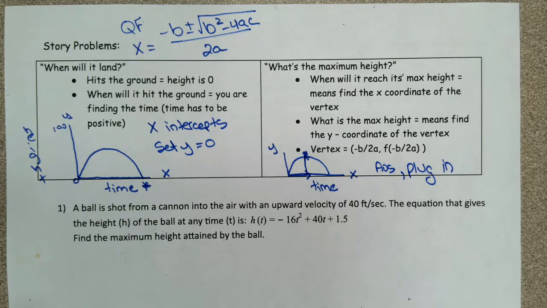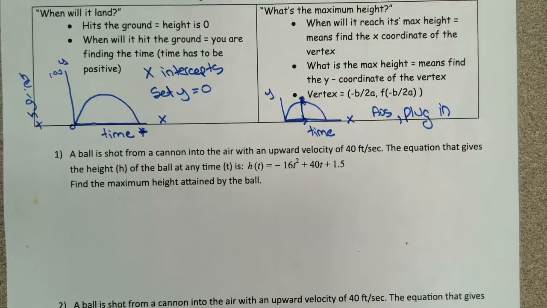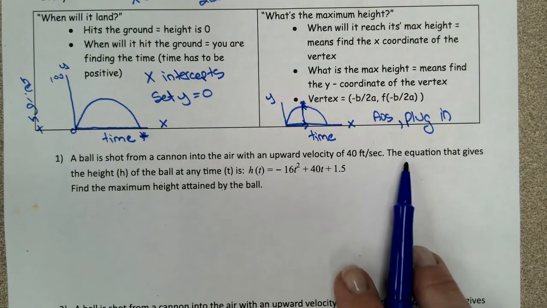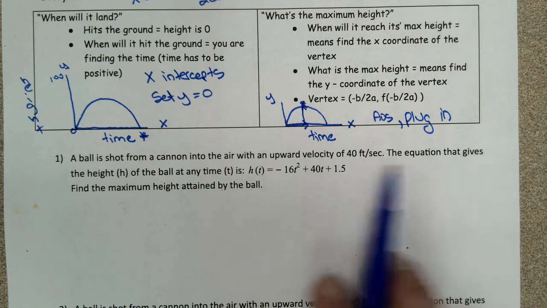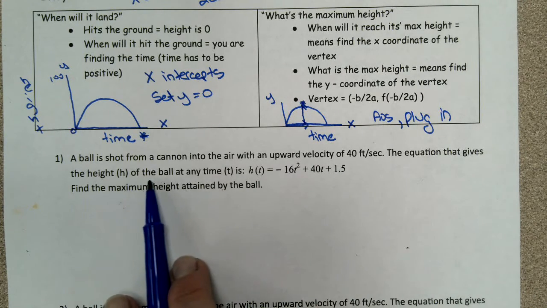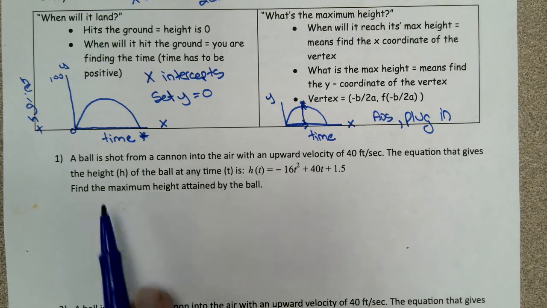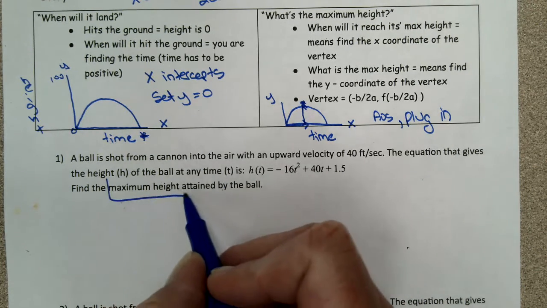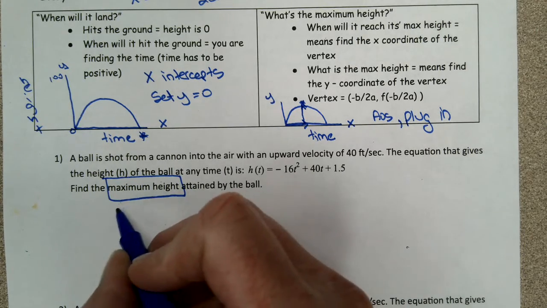All right, let's read through some of these and see which kind of problems they are. A ball is shot from a cannon into the air with an upward velocity of 40 feet per second. The equation that gives the height of the ball at any time is this. Find the maximum height. Maximum height is what we talked about last week.